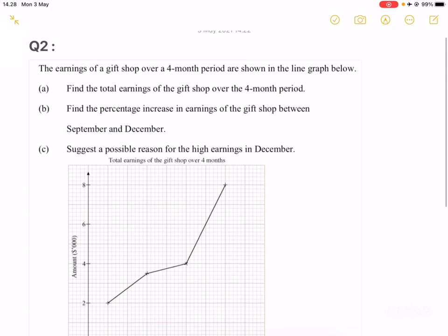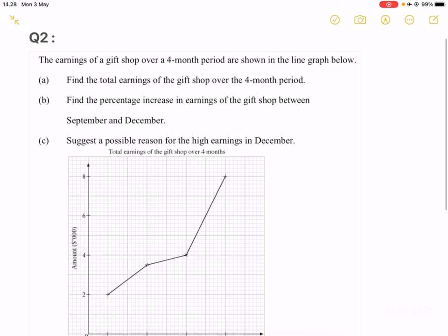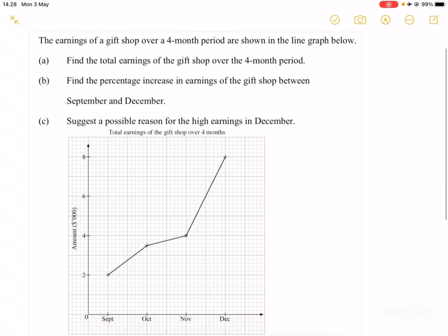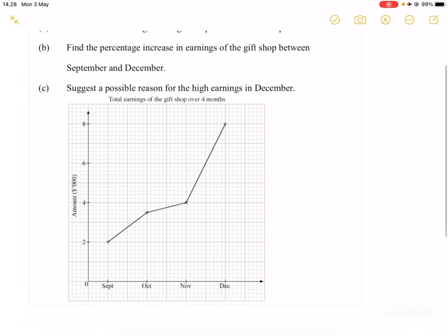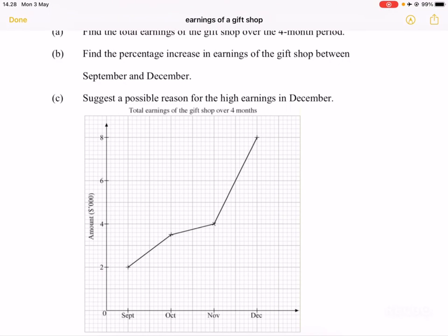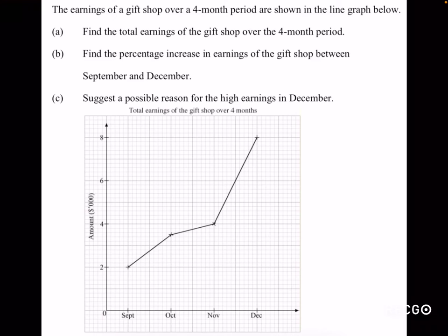Alright, for question 2, this is about a line graph showing the earnings of a gift shop over a 4-month period. If I zoom in here, you can see the total earnings of the gift shop in $1,000, ranging from 0 to 8, and then we have the 4 months from September to December.